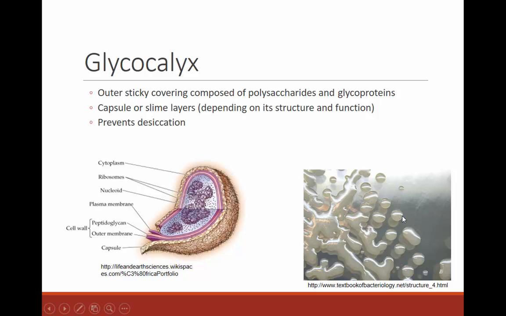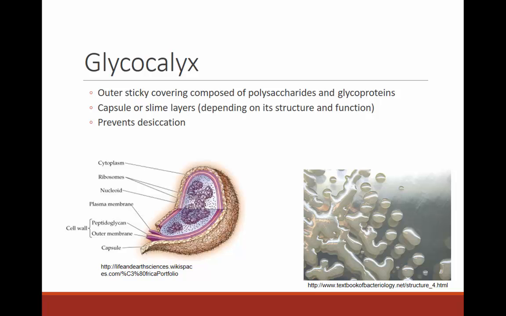This is indicative of those cells all having a covering around the cells themselves, which is polysaccharide, a glycocalyx or a capsule. Is it a capsule, or is it a slime layer? If it adheres quite strongly to the cell, it's a capsule. If it can be washed away quite easily, it's a slime layer. That's how you define it.